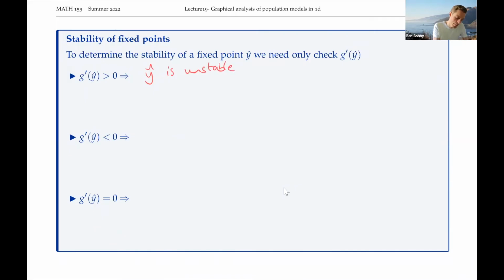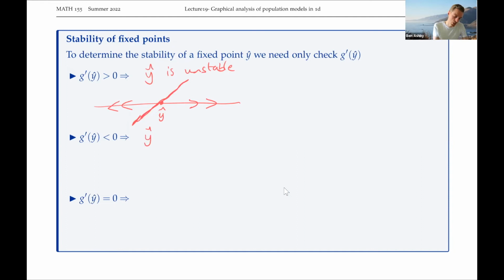The reason being, if we imagine a zoomed in version of our phase plot, if this is our y hat, and g prime of y hat is positive, then over here on the left-hand side we're going to be moving away, and in the region over here on the right, we're going to be moving away as well. So that means it's unstable.